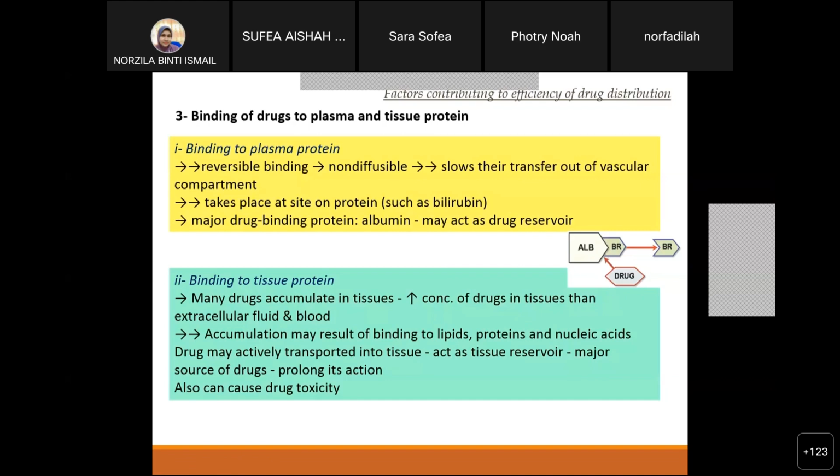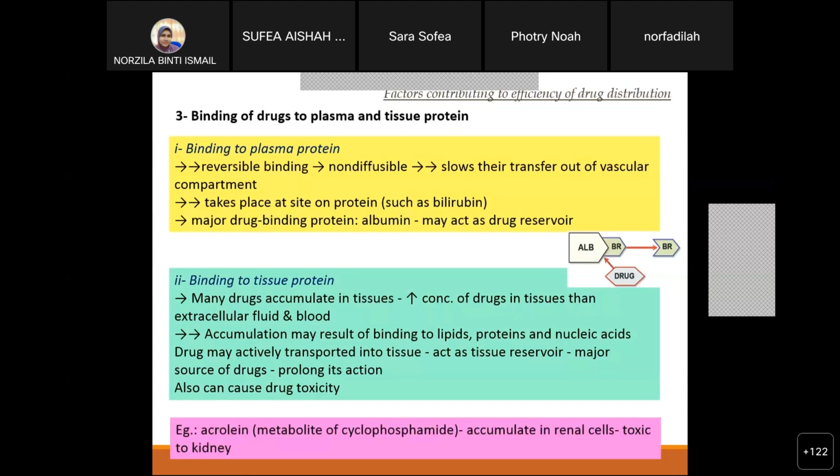In certain cases, the binding of drugs to tissue proteins can accumulate the drugs in the tissues, and the metabolites of drugs in certain cases can cause toxicity. For example, acrolein, which is the metabolite of cyclophosphamide, can accumulate in renal cells and be toxic to the kidney.